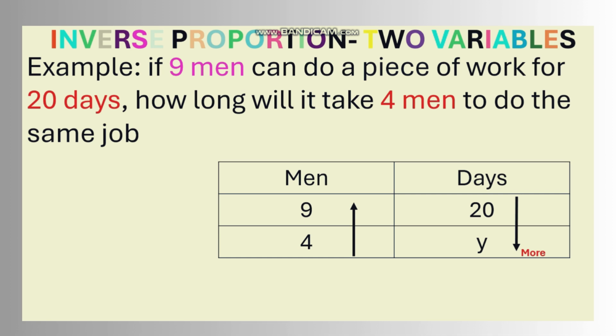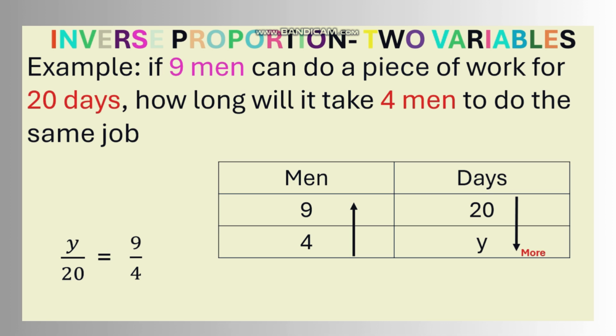And I told you at the beginning that any letter or number that the arrow is pointing at in your proportion is going to take the position of the numerator in the fraction. And so y over 20 because the arrow is pointing at y, and then 9 over 4 because the arrow is pointing at 9.